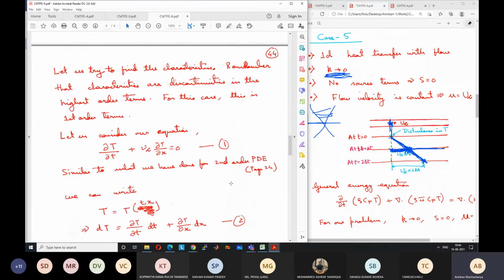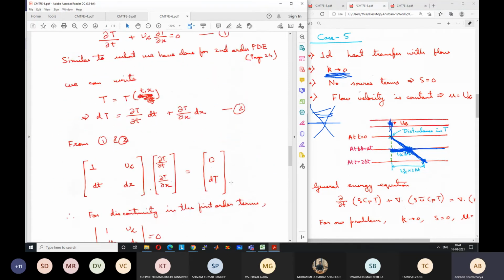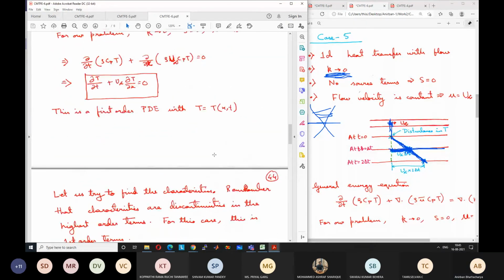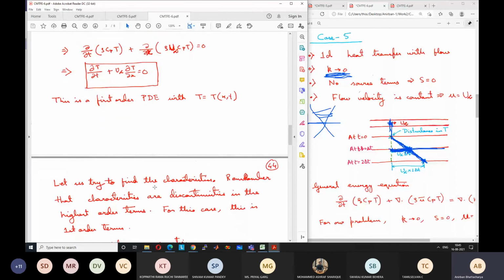So we can try to find the characteristic for this equation. What is the characteristic? Characteristics are the discontinuities in the highest order term, right? Here the highest order terms are the first order terms.